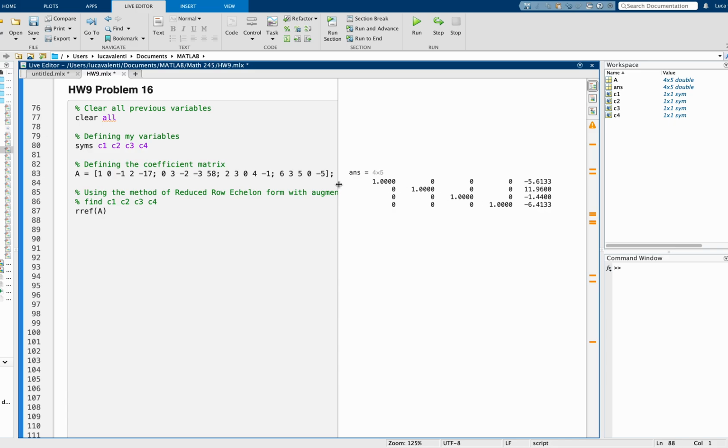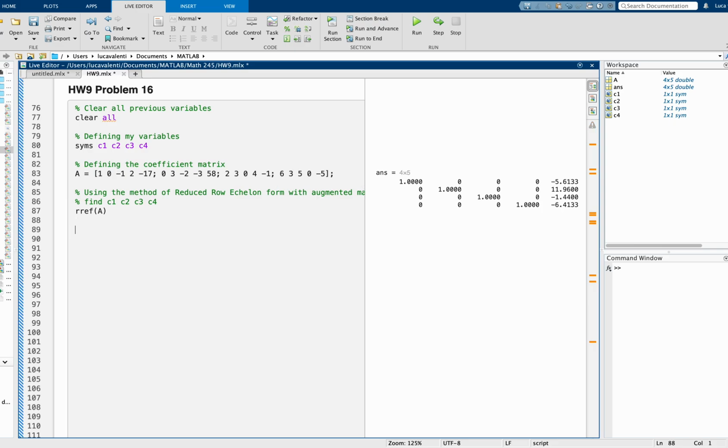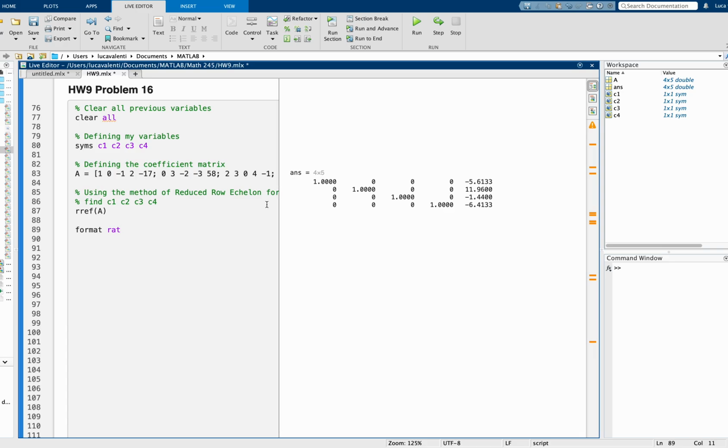All right. And then if you would like these as fractions, you could write format rat, sorry. If you do that, you should get the answer in, nope.